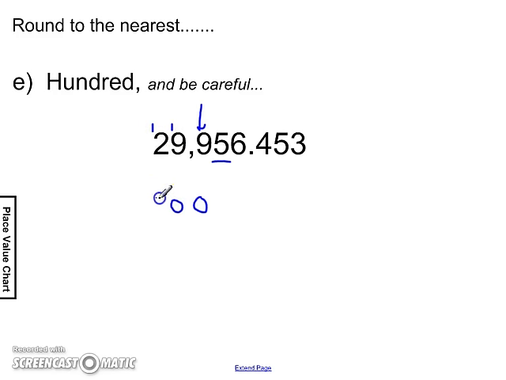2 plus 1 is 3, and so we end up with these values here because of our rounding up having to carry. Now, this 5 will become a 0 because we're rounding. This 6 will become a 0. These things behind the decimal will go away. But in this particular case, rounding to the nearest hundred caused me to have to carry.